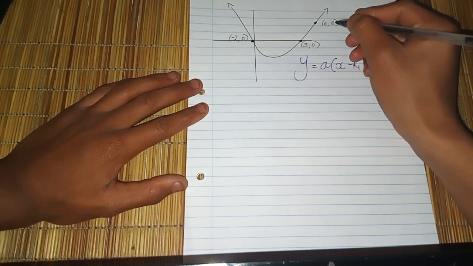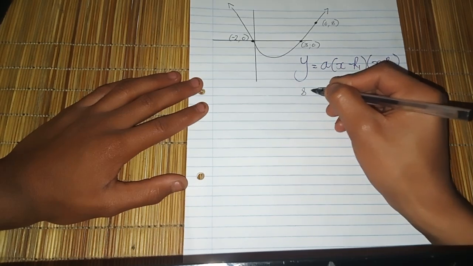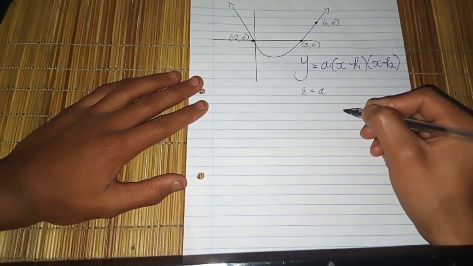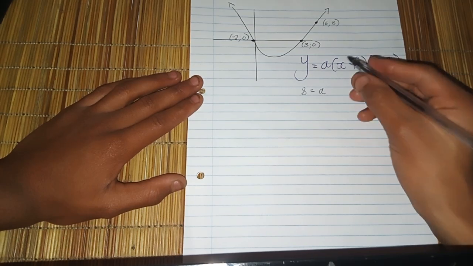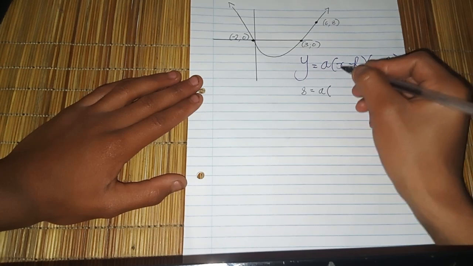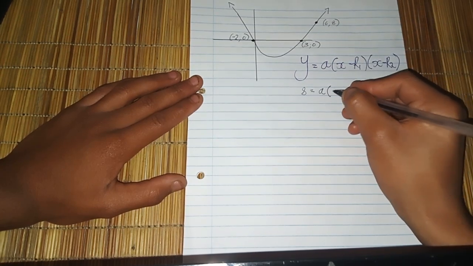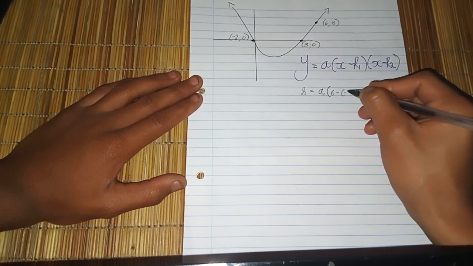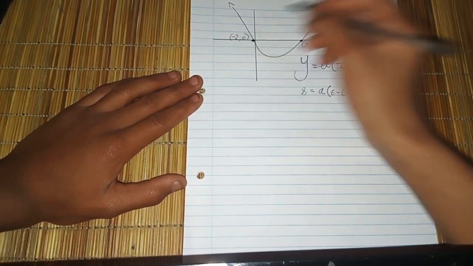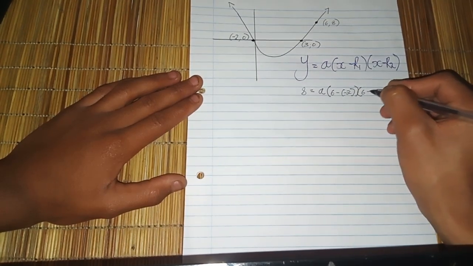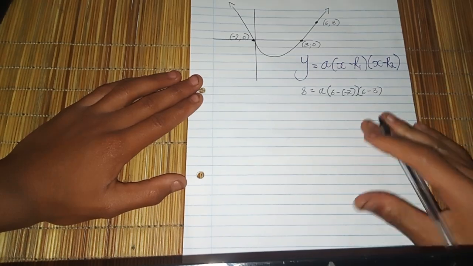So now 8 is y, so we say 8 is equal to, we don't know a, so a times, x is 6: (6 minus 2) times (6 minus 3).